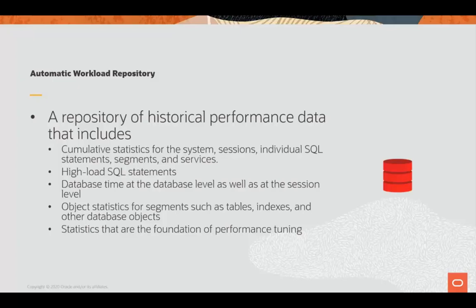We also have object statistics for segments, such as tables, indexes, and other database objects. These statistics are the foundation of performance tuning. Without this data, it will be really difficult for us to go back in time and understand how the performance was before the issue that we're facing right now in the database, right?